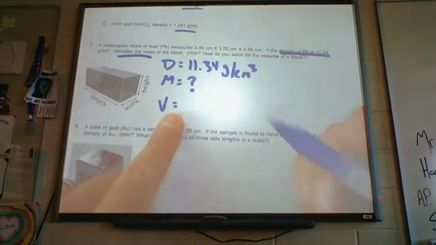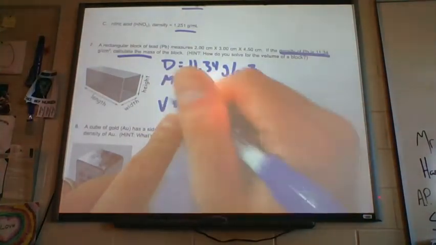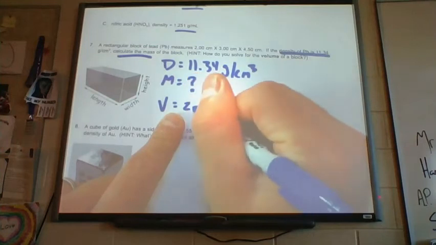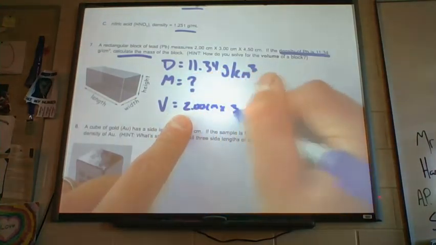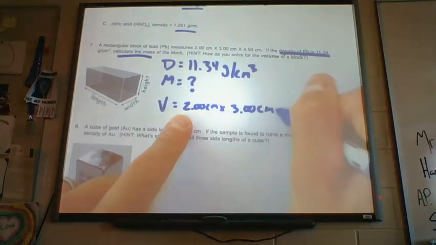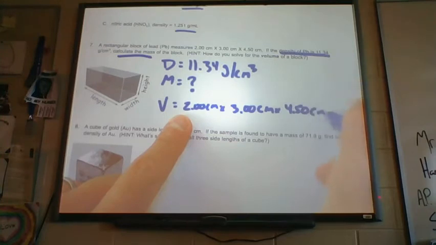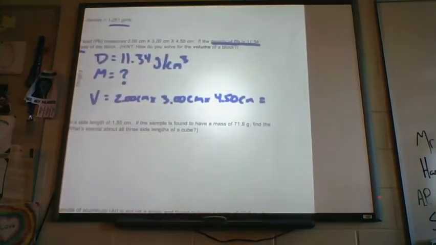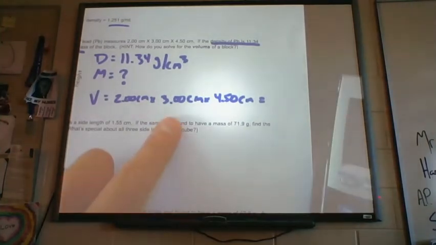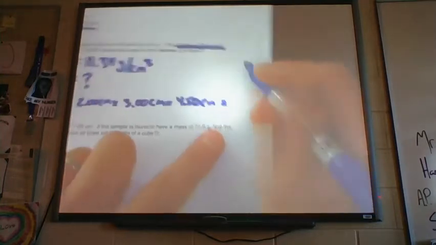So from geometry, we know that 2 centimeters times 3 centimeters times 4.5 centimeters gives us an answer in centimeters cubed. 2 times 3 times 4.5 gives me 27.